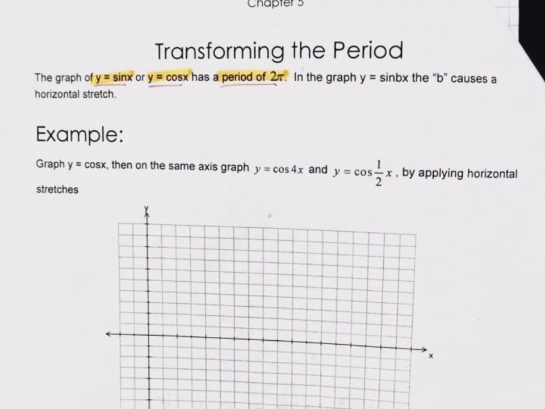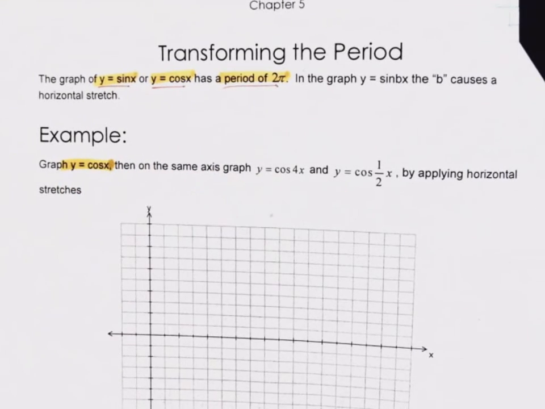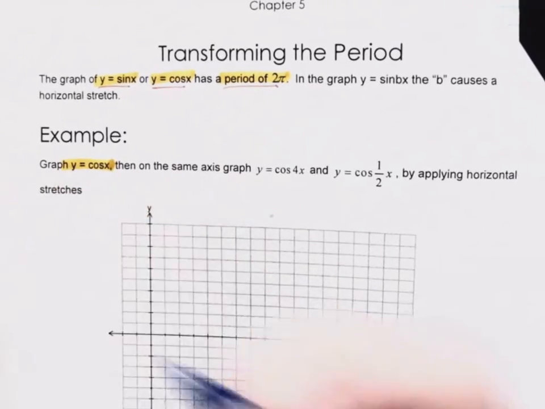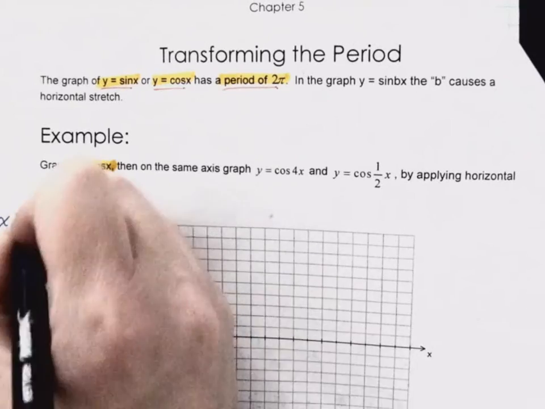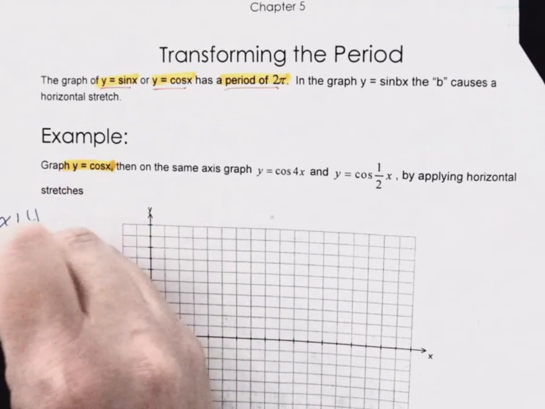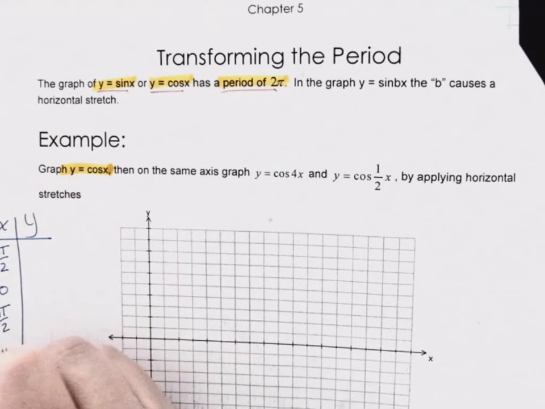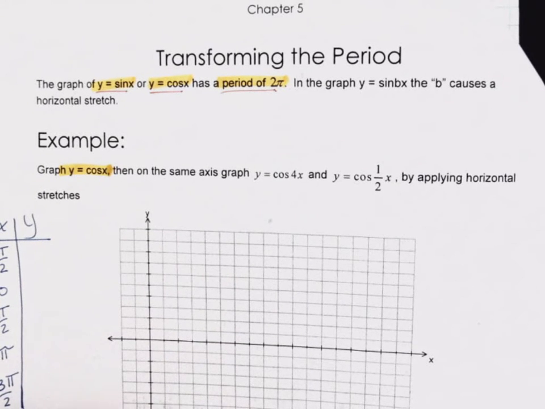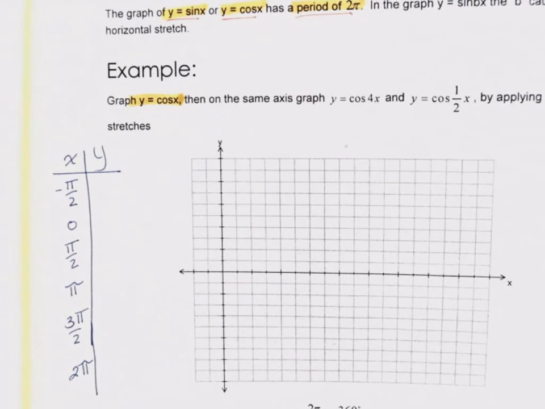Okay, so we're going to apply our rules. So let's graph our basic cosine graph. So what was the table of values for that? So this is x, and this is y. Negative pi over 2, 0, pi over 2, pi, 3 pi over 2, and 2 pi. So I'm taking part of the table from the past page.